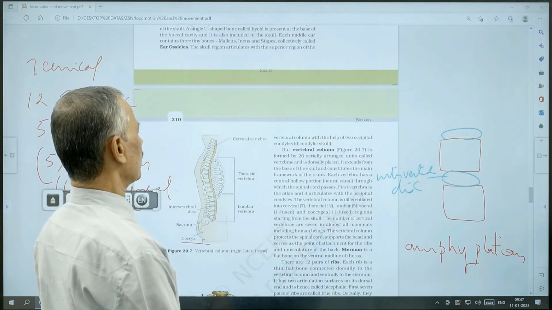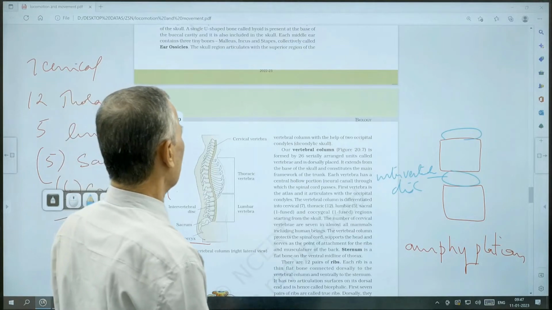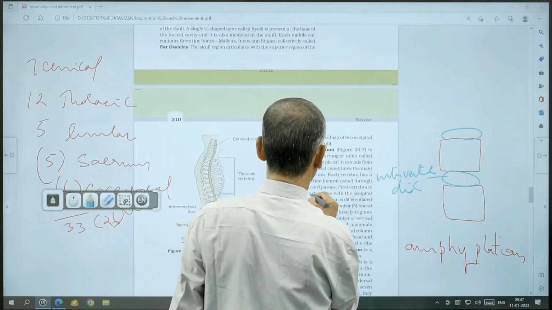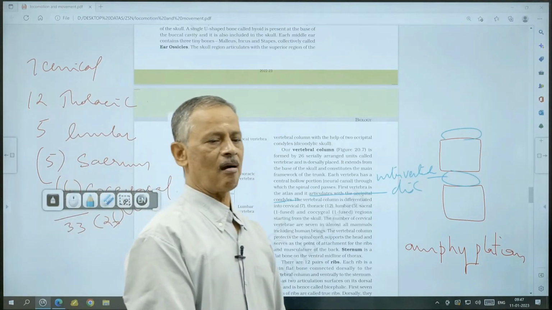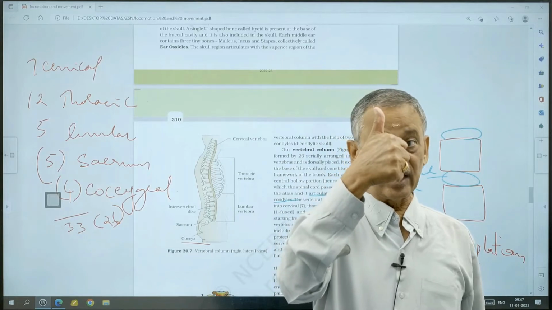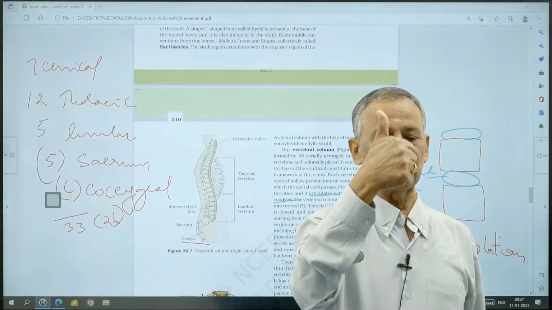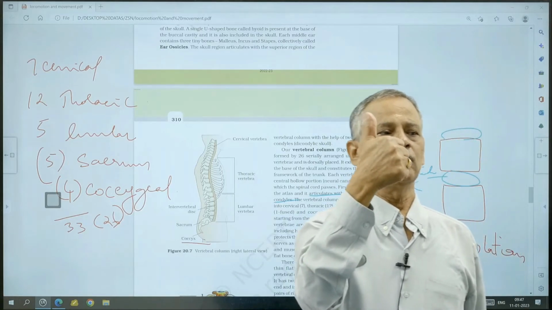The first vertebra is atlas. It is this atlas that articulates with the occipital condyles. The second vertebra is called axis. Axis is having a projection anteriorly. This is called odontoid process.